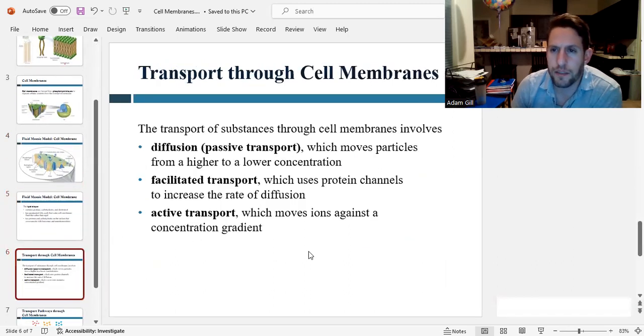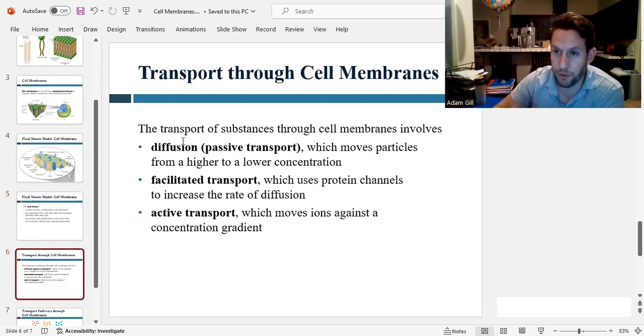So let's talk about the transport mechanisms. There are basically three ways to get molecules across a cell membrane, either a nutrient getting into the cell or a waste product getting out of the cell. The three pathways are simple diffusion, and that's for really small molecules that can pass right through the cell membrane. They don't need any special access.